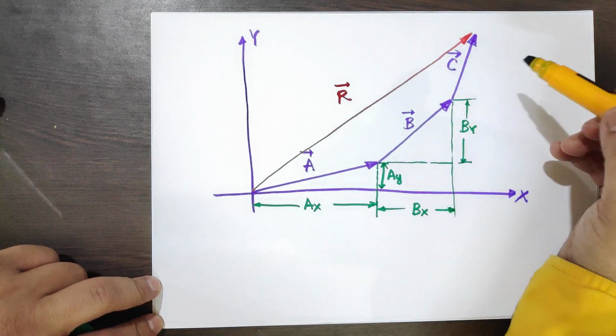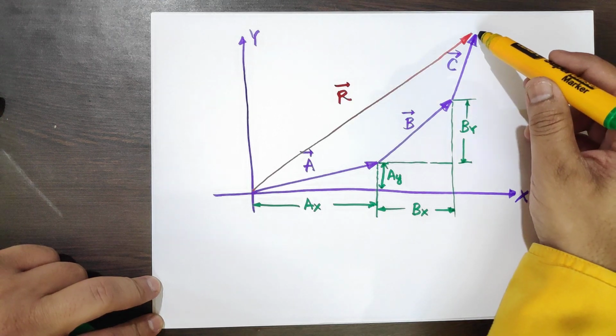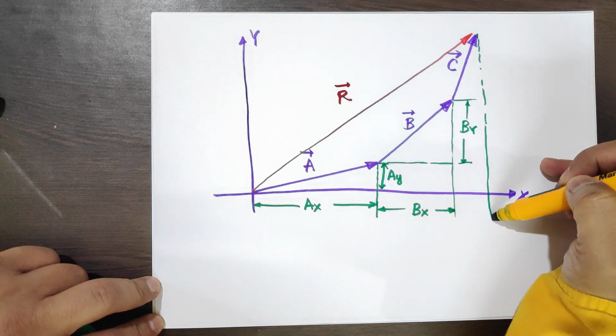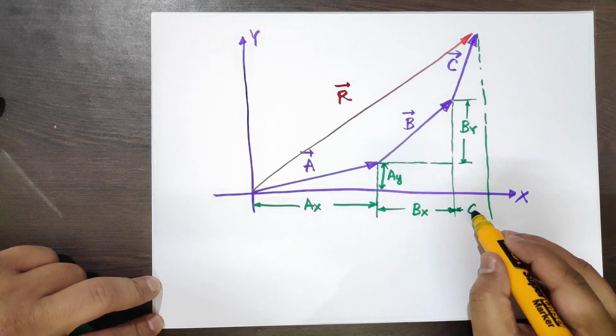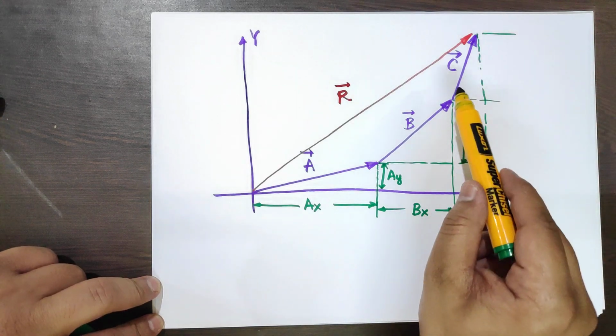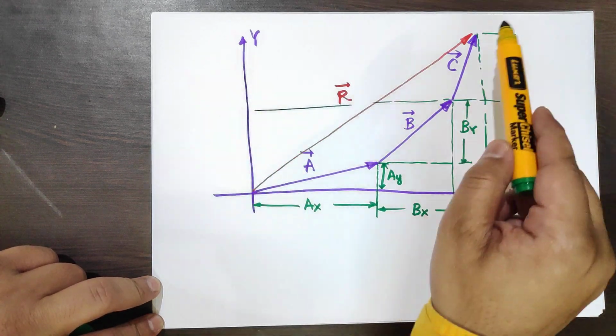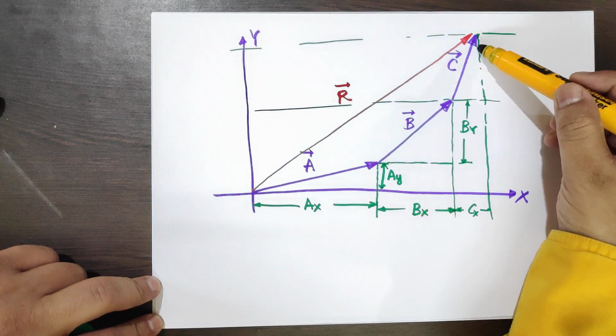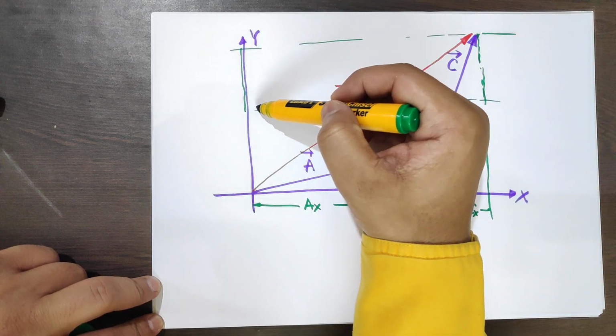right? Component of C in the x and y axis, component of C in x axis, this projection, that is Cx, and component of C along y axis, you draw this line projection, this length is same as this length, right?